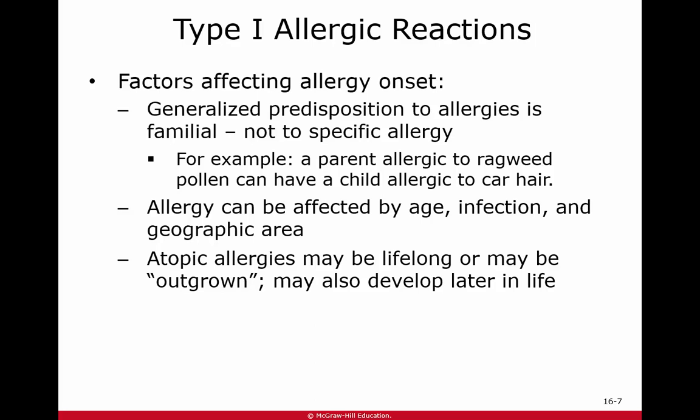But the specific allergy is not necessarily inherited. An example the book gives is that if the parent is allergic to ragweed, that doesn't necessarily mean the children are going to be allergic to ragweed, but because the parent had an allergy, it's very common that the child has one as well. It's just maybe a different specific allergy. The parent may be allergic to ragweed, and the child might be allergic to cat hair. But the predisposition for having an allergy is typically inherited.